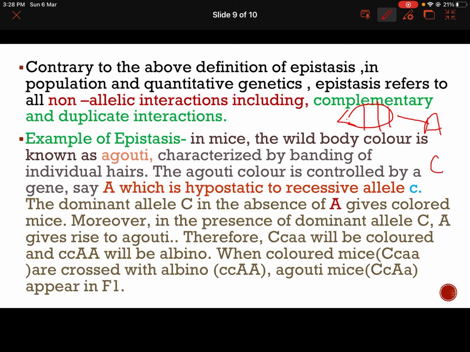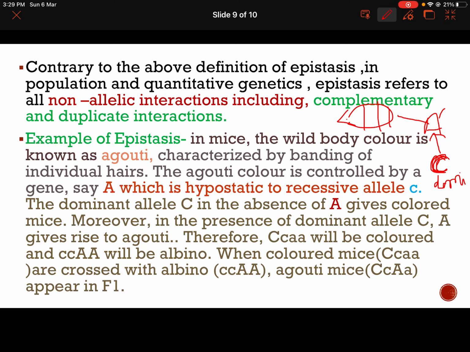Hypostatic means this small c, the recessive c, can mask the character of A. It means small c is epistatic over A. So A will be called hypostatic to c, and c will be called epistatic to A in relation to each other.